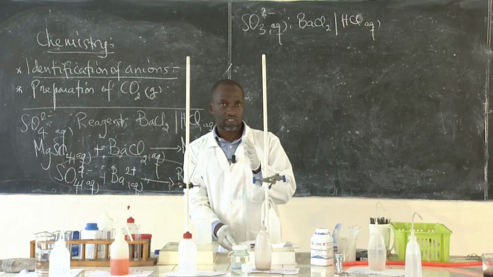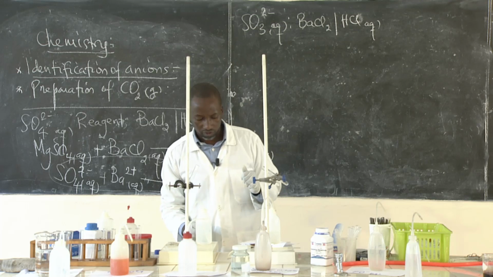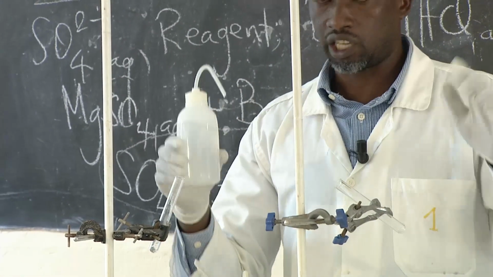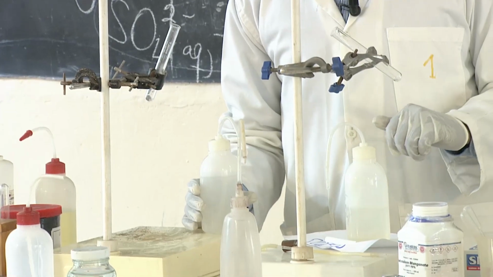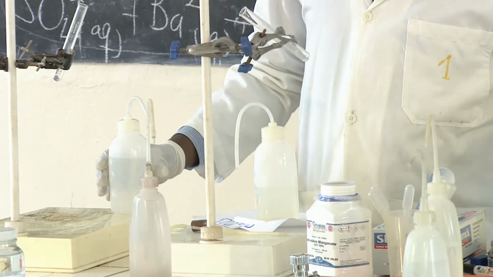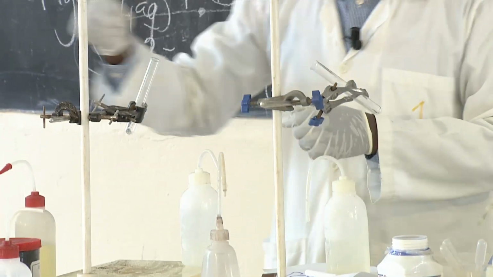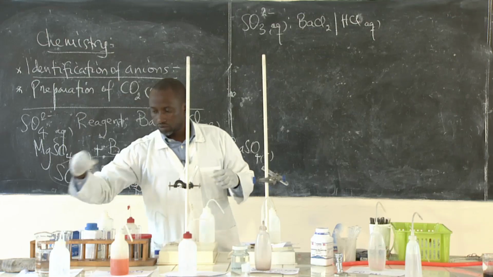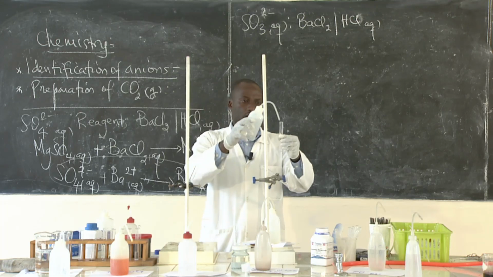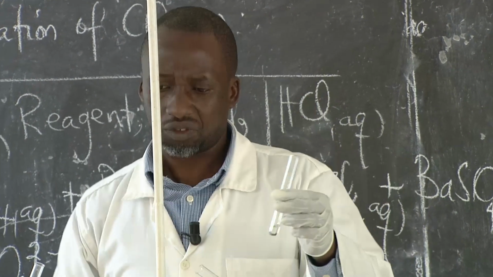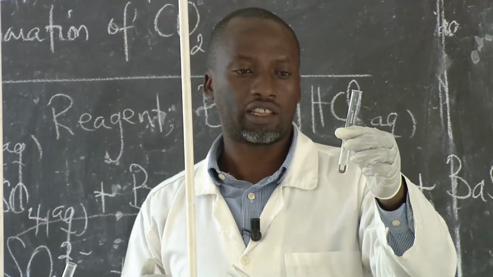Pay attention, please, and see what is going to happen. This is the solution containing the sulfite ions. Just a few drops of it in the solution, as we mentioned. 2 to 3 cubic centimeters, I think, is enough.